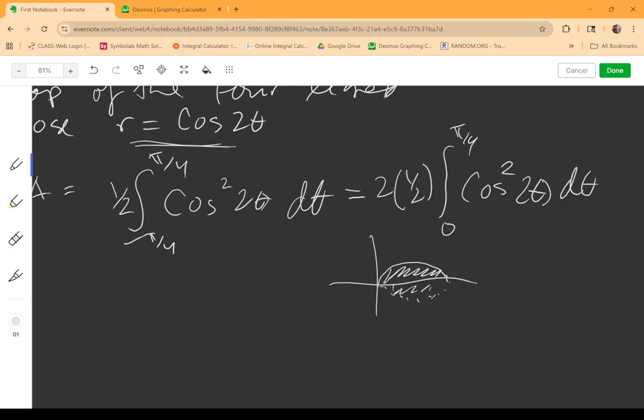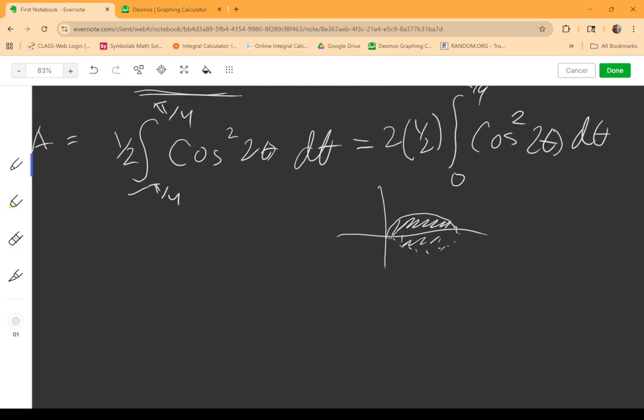All right, so we'll go ahead and work with this integral. Now it becomes the integral from 0 to pi over 4 of cosine squared 2 theta. Now, for techniques of integration, this is a basic one. There's no substitution I need to do because it's just cosine squared. So we need a power reducing formula.